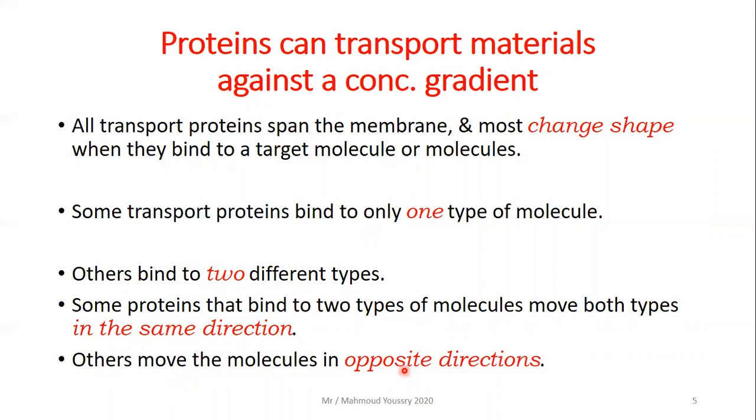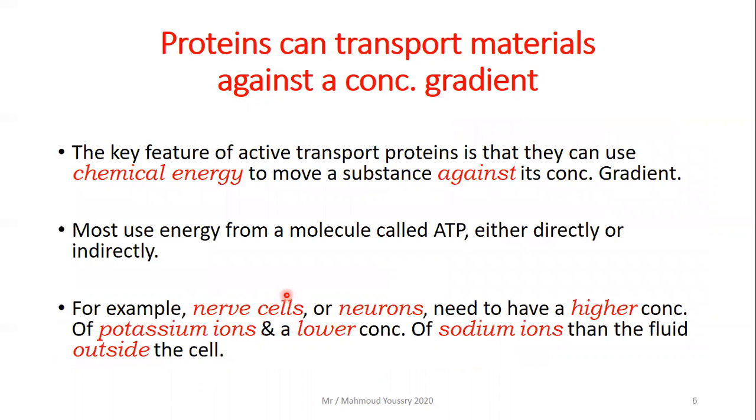Others move one molecule in one direction and the other molecule in the opposite direction. The key feature of active transport proteins is that they can use chemical energy to move a substance against a concentration gradient, from lower concentration to higher concentration.